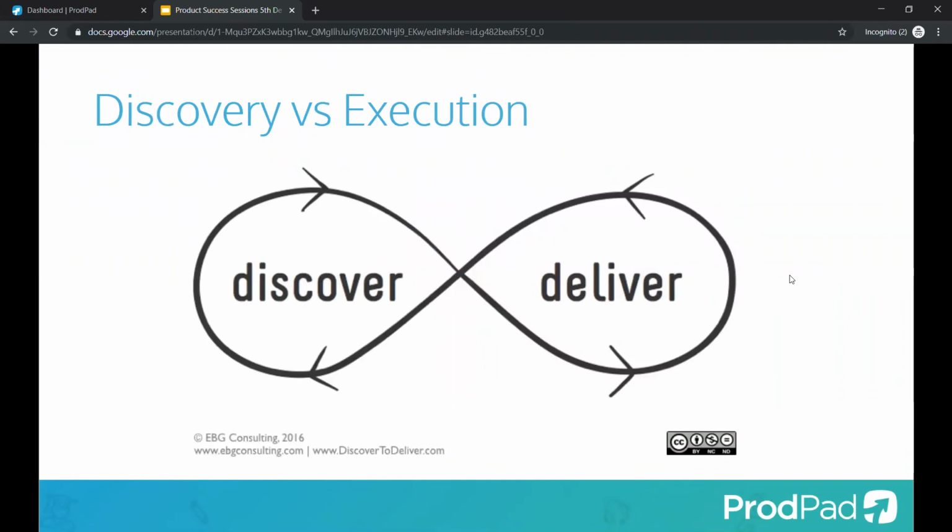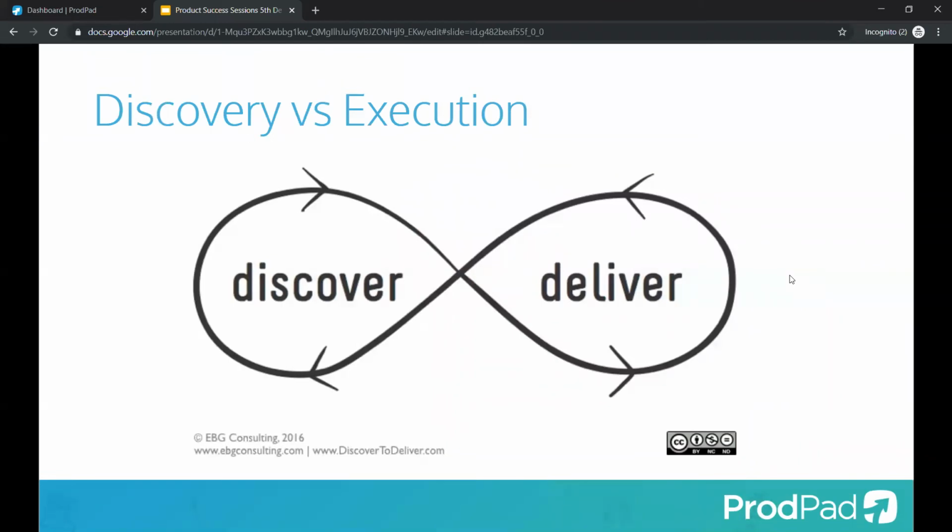What this means is by separating out your development backlog from your product backlog or your discovery backlog or whatever you want to call it, both discovery and delivery can work concurrently. So you can do more of that dual track agile, and it means that you're not a blocker.